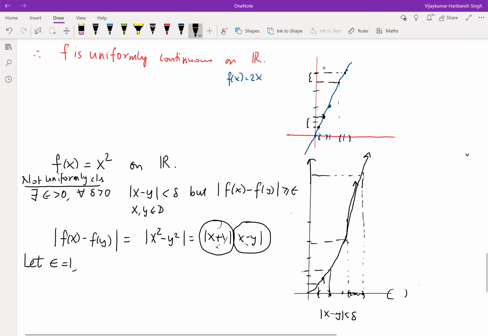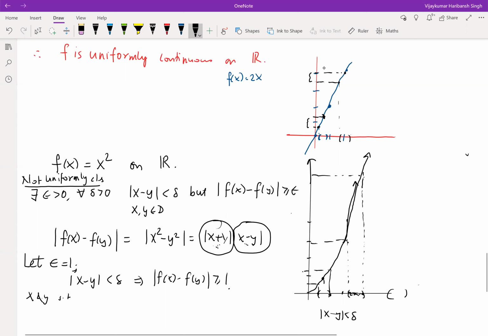Then what we have is, let's take x and y such that x minus y is less than delta, but f of x minus f of y is bigger than or equal to 1. You'll say, why did you choose 1?